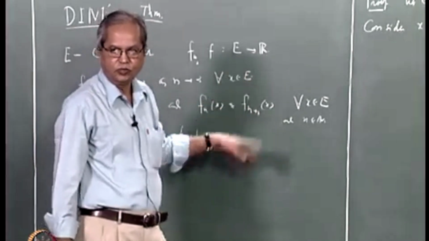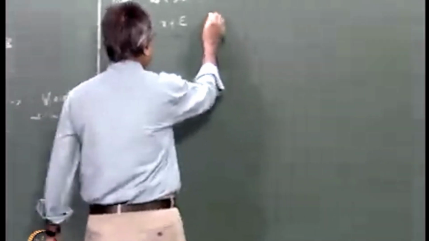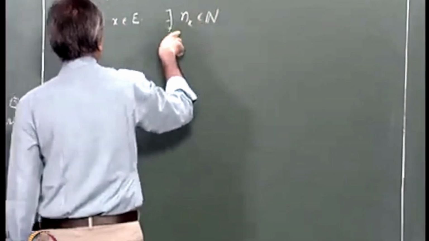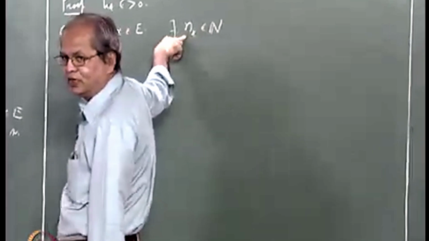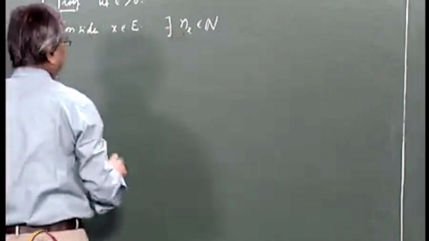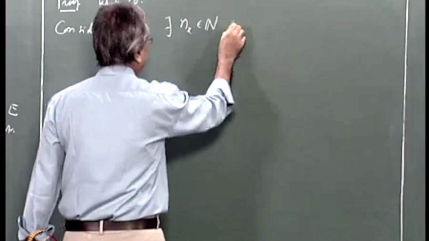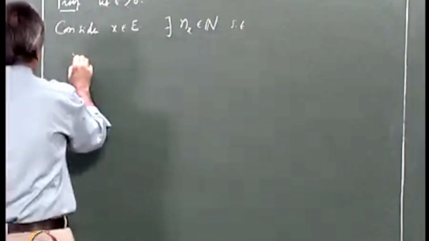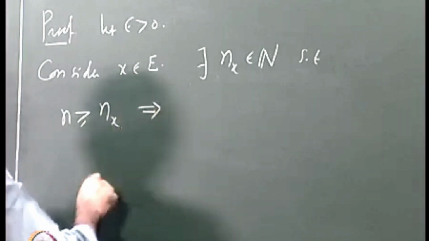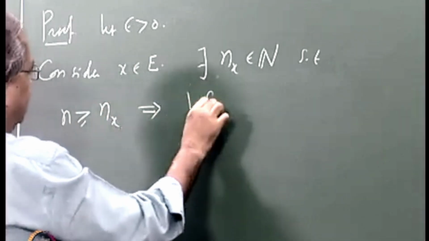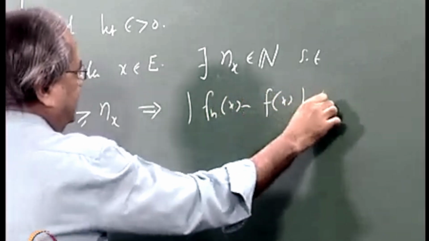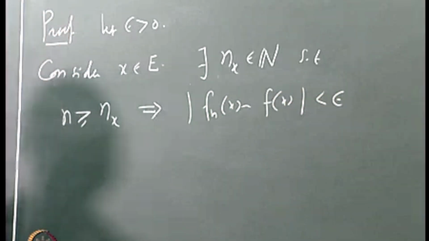In fact, our whole point is to find an n0 which does not depend on x. That is the whole idea of the proof. So initially, let us take that there exists n suffix x in N such that n bigger than or equal to n suffix x implies mod Fn(x) minus F(x) less than epsilon.